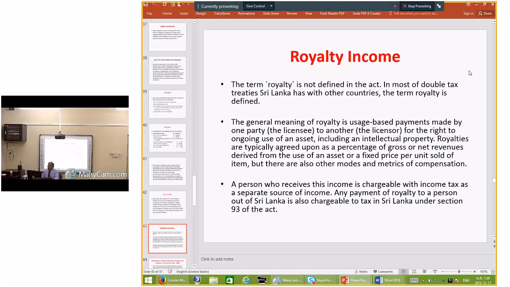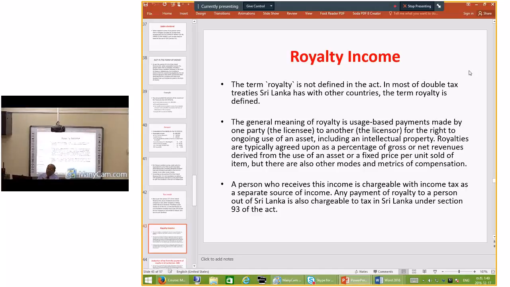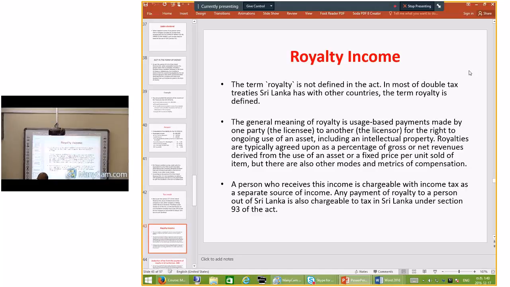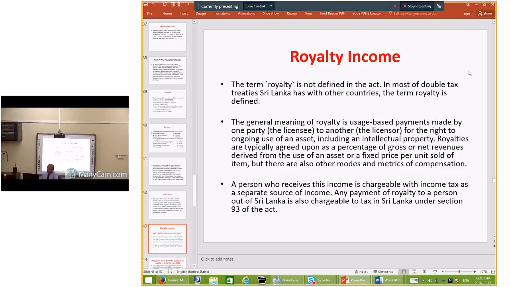Take Reckitt Benckiser, the very famous brand of mosquito oil, Martin mosquito oils. The trade name is Reckitt Benckiser, but everywhere they are paying royalty per usage of the trade name Martin. Likewise, there are several.